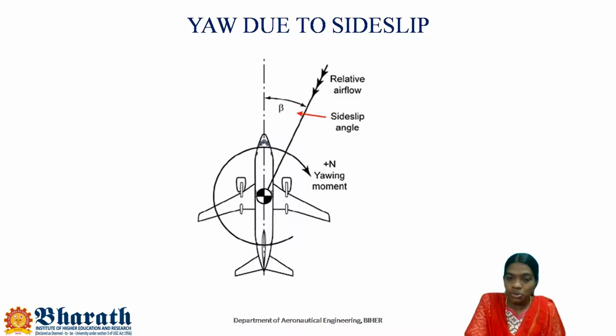That is the equilibrium and steady flight path. Due to the side slip, the aircraft deviated from that path by the side slip angle beta. Now the aircraft is moving along the dotted lines, but actually that is not the flight path. It should move along the relative airflow direction.